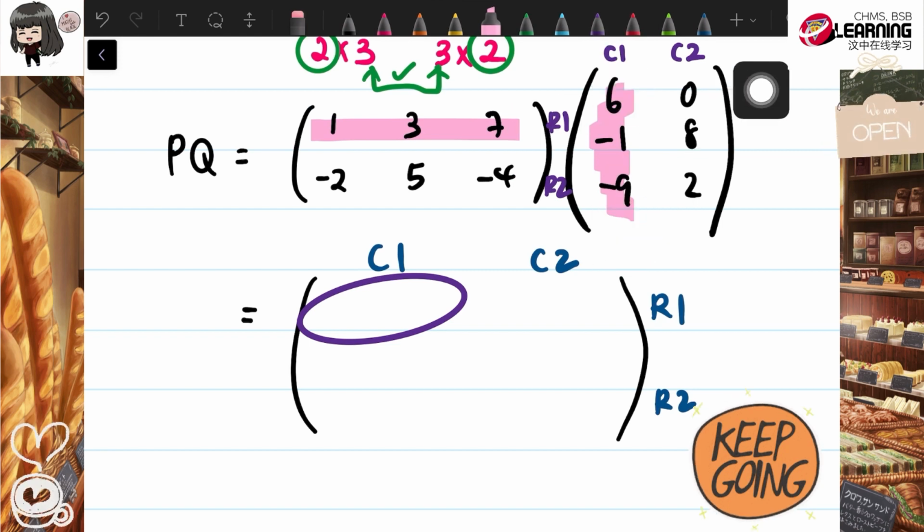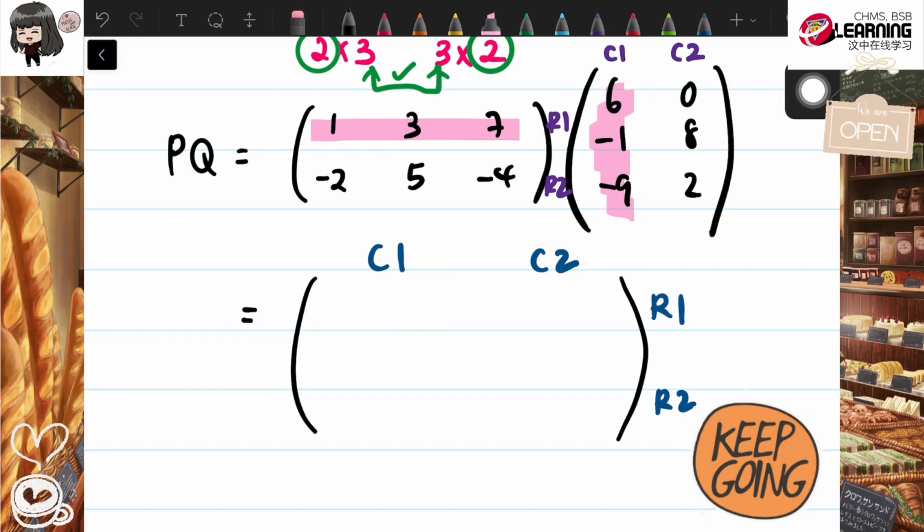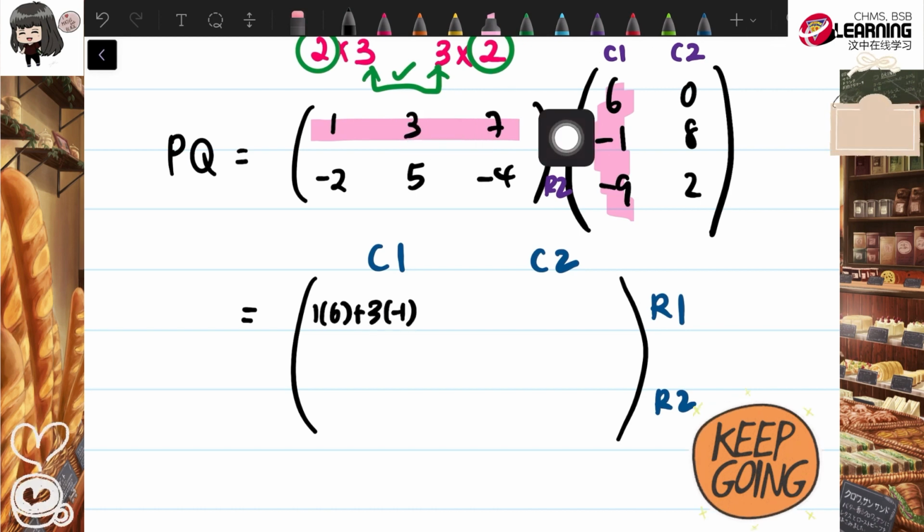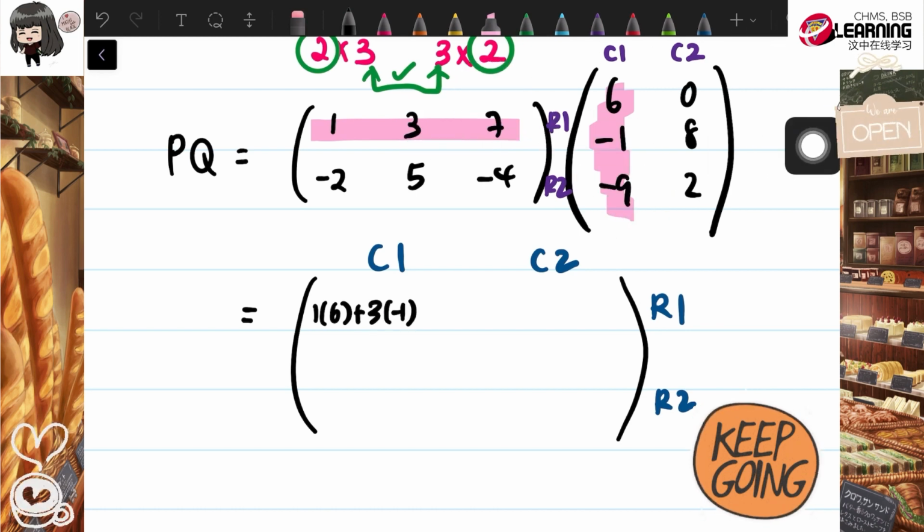So first row and first column, what you need to do is multiply and plus, just like how you did at the beginning of the lesson, the example there. 1 times with the 6, plus 3 times with negative 1, plus 7 times negative 9.